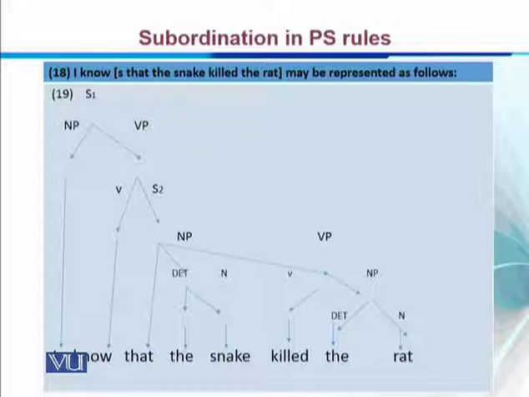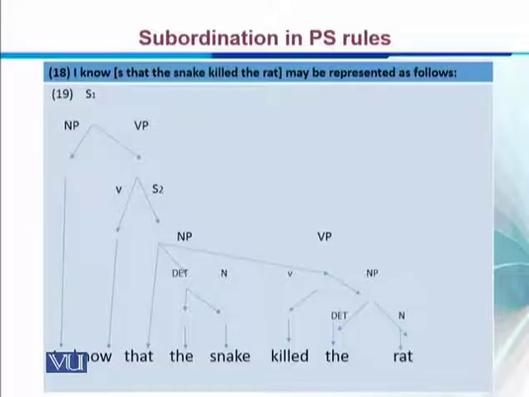S2 is in place of an NP, and consists of "that," and then a noun phrase, "the snake," and "killed the rat," which is a verb phrase. And this verb phrase consists of "the" and "rat."